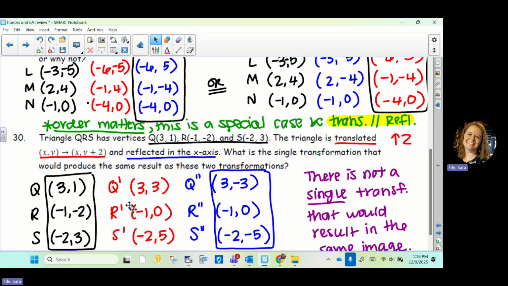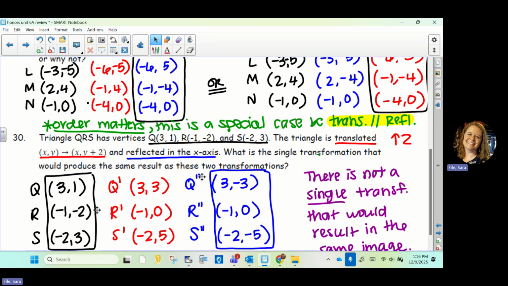So I did the transformations. I did in red the translate, and then in blue the reflect. So here's my original in black, my pre-image, and my final image, the double prime QRS, in blue. So I look at those and I ask myself, how could I get from Q to Q double prime?